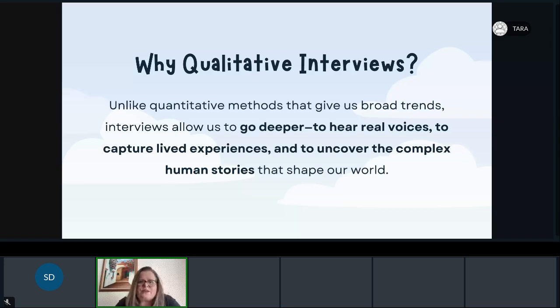Let's start with a simple question. Why use qualitative interviews in research? If we looked at data from a fictional study on workplace burnout, quantitative surveys might reveal that, say, 75% of people in a study report experiencing workplace burnout. But what does that really tell us? It gives us the what, but not the why.